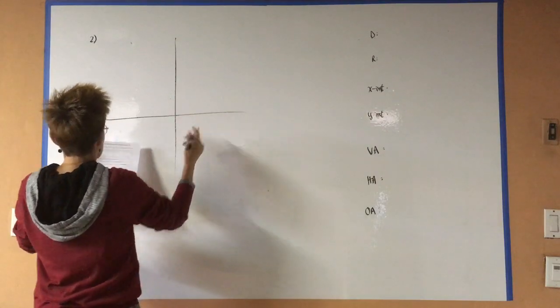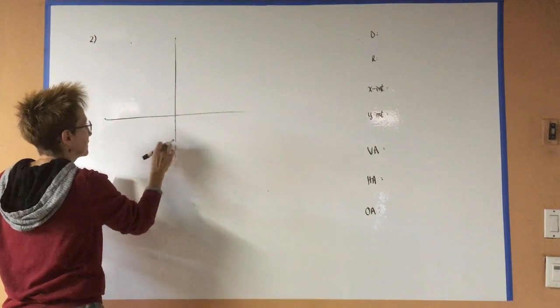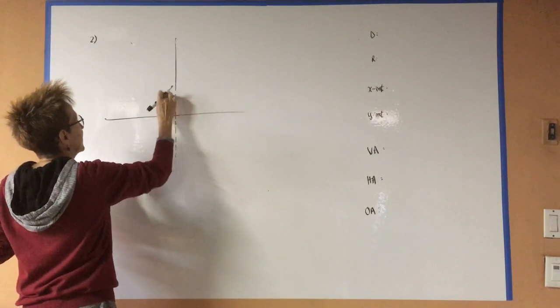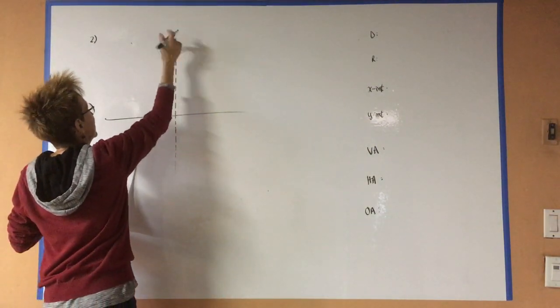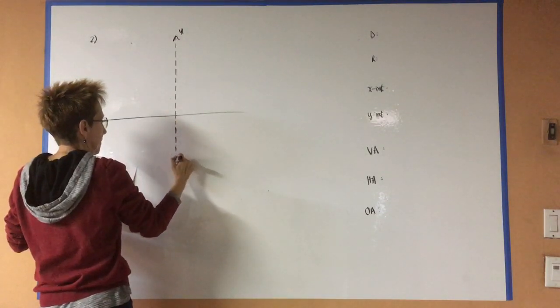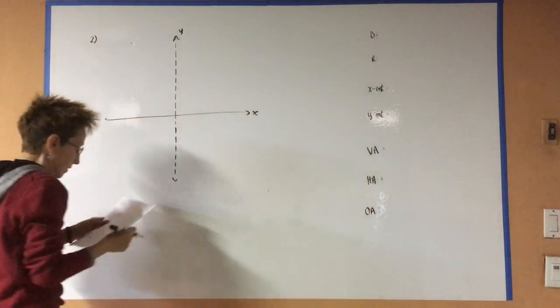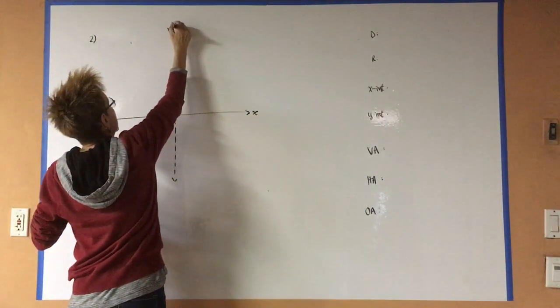It looks like on this one I have a vertical asymptote as the y-axis, so I'll make this dotted. And so this is my VA.